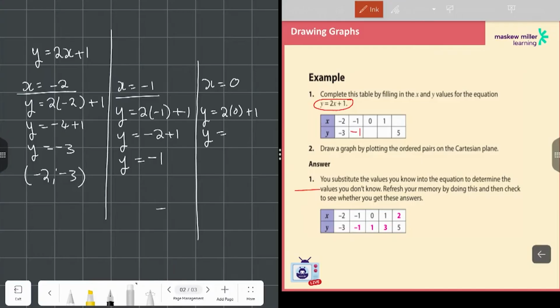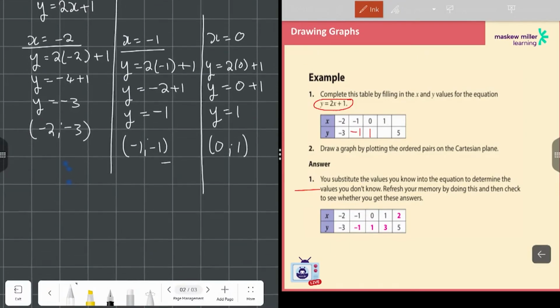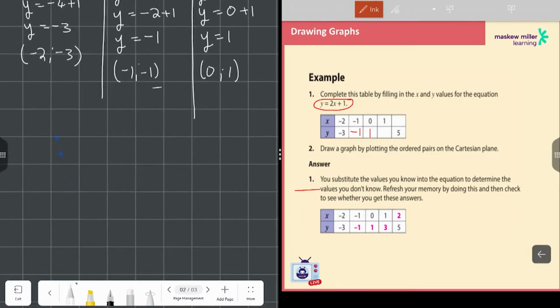So 2 times 0 is 0 plus 1, and 0 plus 1 is just what? 1. So for my x value 0, y is what? 1. In fact, let me do that here. So when x is negative 1, y is negative 1. When x is 0, y will be what? 1. All right? Let's just move that a bit up, and let's find the other corresponding values.